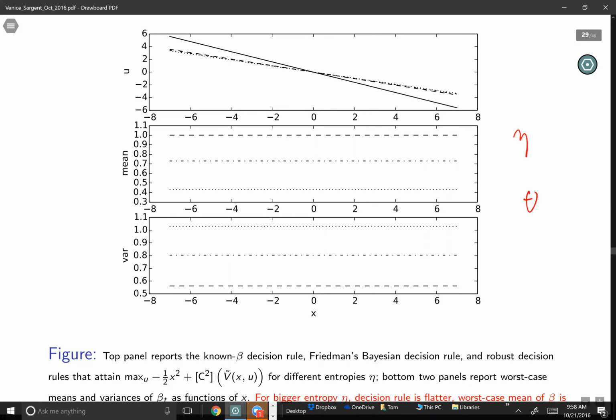So theta now is a function of eta and x. It's a function of x and u. Okay, so if this line was the original Friedman rule, as I now increase the entropy ball, what you can show is this thing is very close to linear, and it's true that you do less, but you do less in this almost linear way.